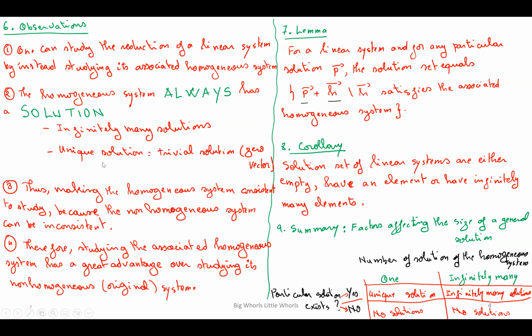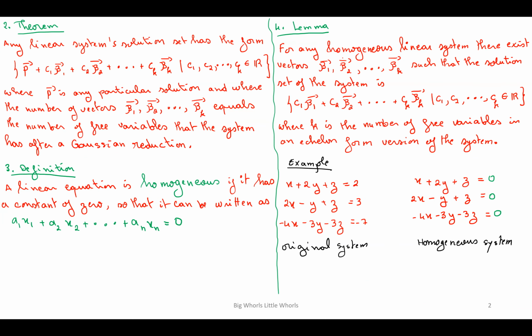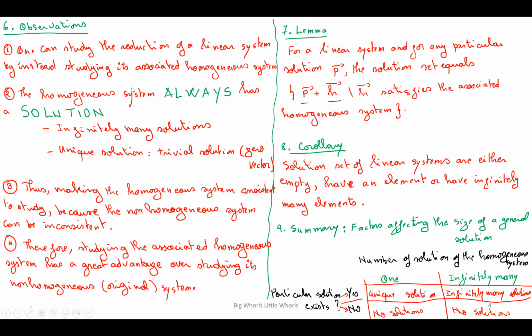If you recall from the lecture, the theorem says any linear system's solution set has the form P, which is the particular solution, plus some linear combination of vectors, C1 beta 1 plus C2 beta 2, etc. So based on this theorem, this is the particular solution and this is the homogeneous part of the solution, the part associated with the homogeneous system.